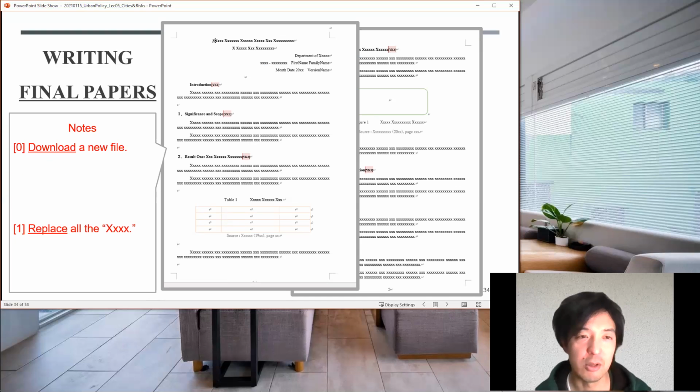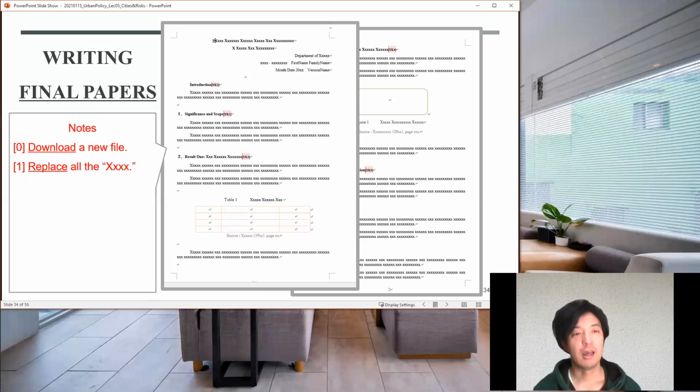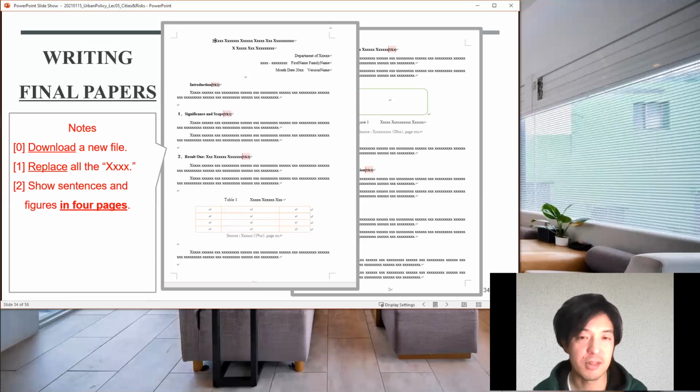First, download a new file. One, replace all the X's. Two, this is the different thing: show sentences and figures in 4 pages. When you wrote the draft, it was 2 pages, but this time I'd like you to use 4 pages, because you probably want to explain your ideas in more detail, right?